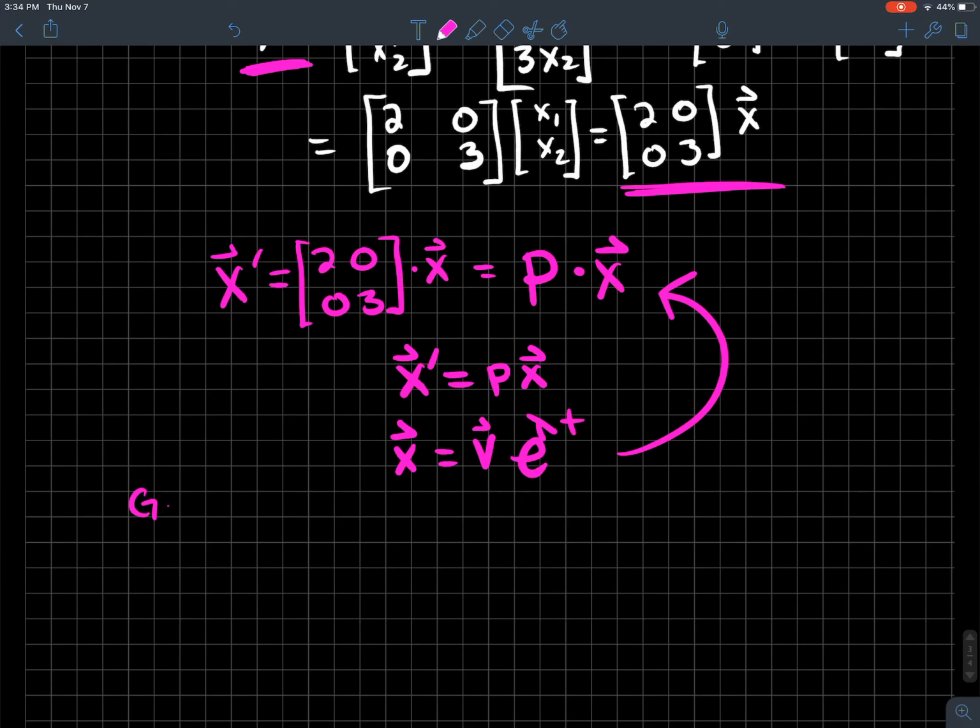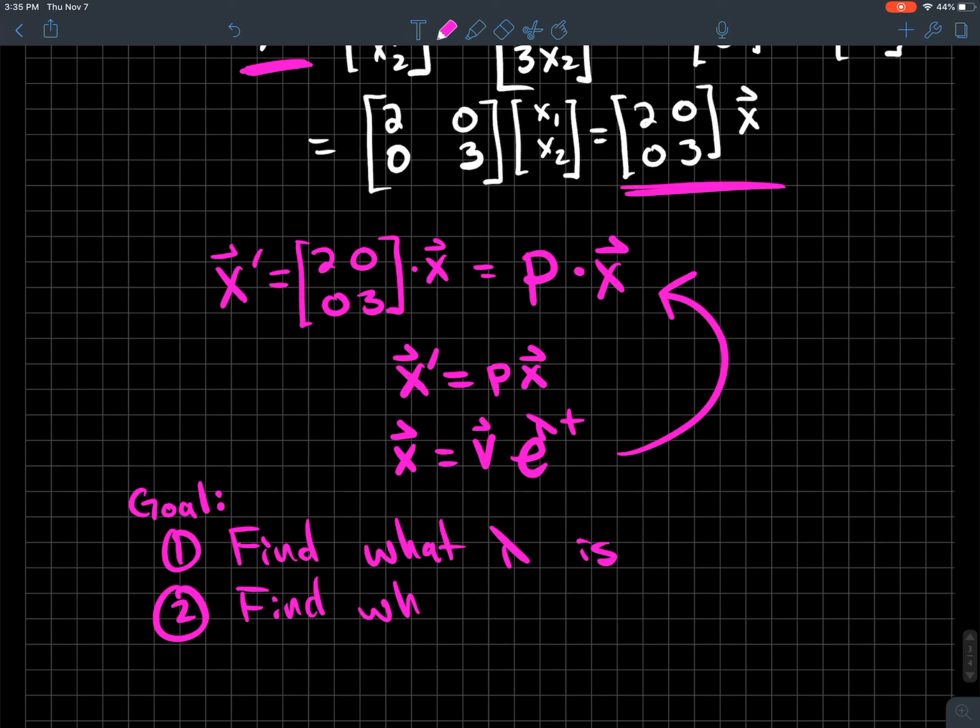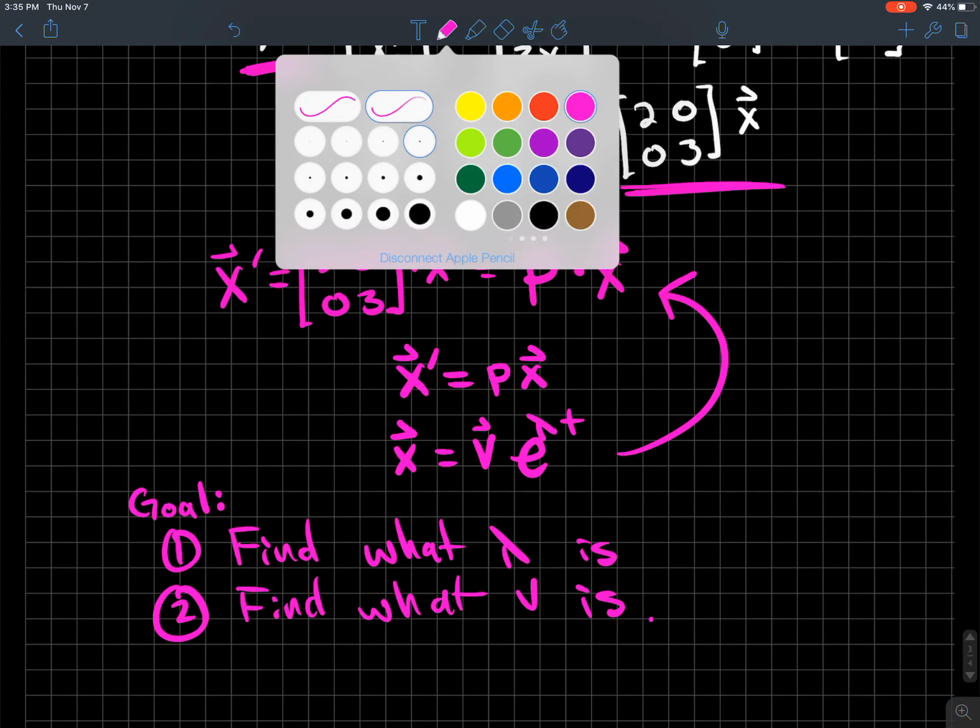So the goal is to, 1, find what lambda is. The second goal is to find what v is.